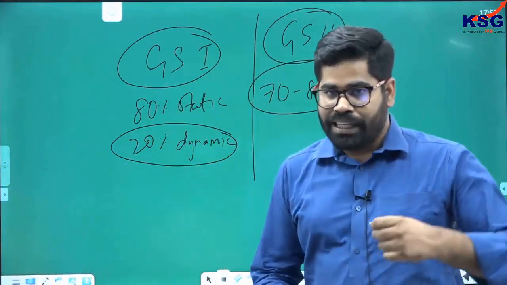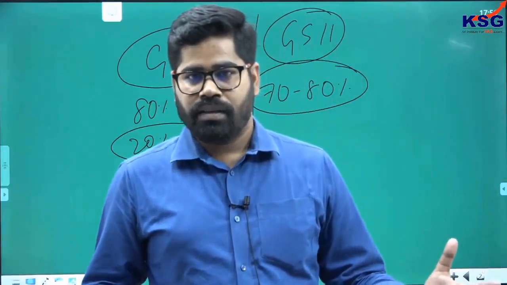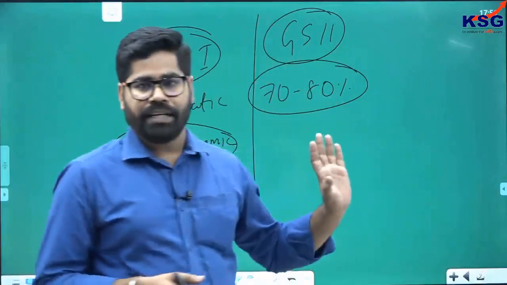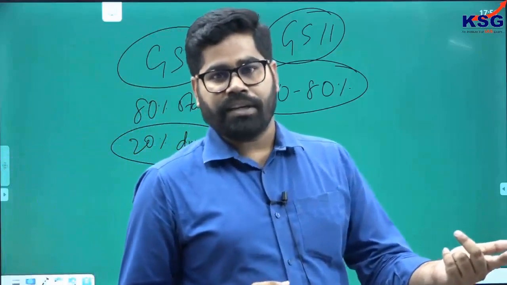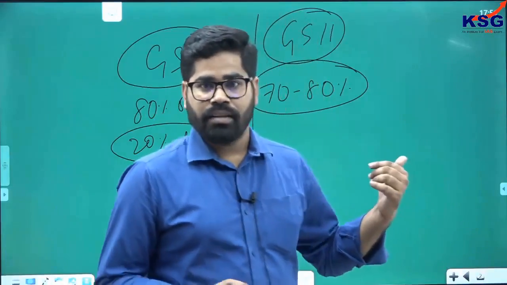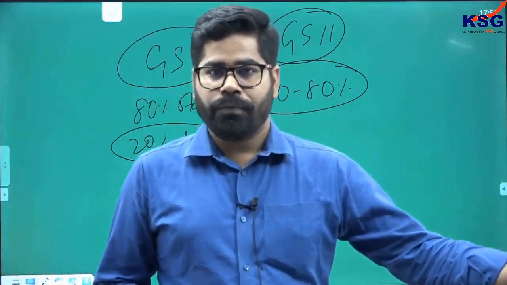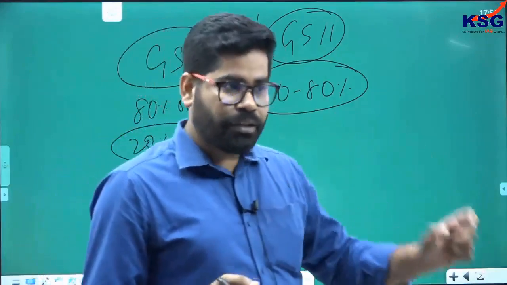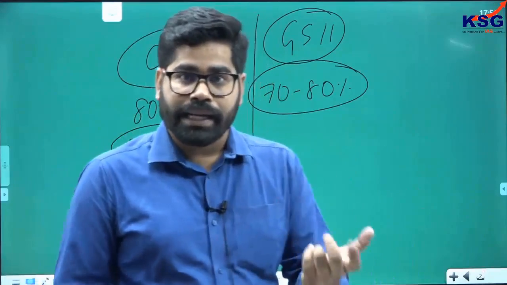Even in the static portion, they will try to link something from current issues. In IR, you will rarely find a static question. Same goes with governance and social justice; most of the questions are current oriented. You might get certain questions from the static portion of polity, but otherwise it is again current dominated.